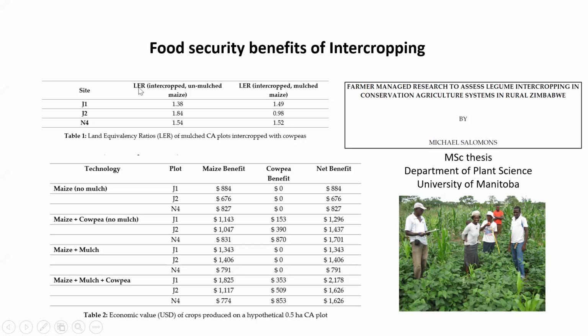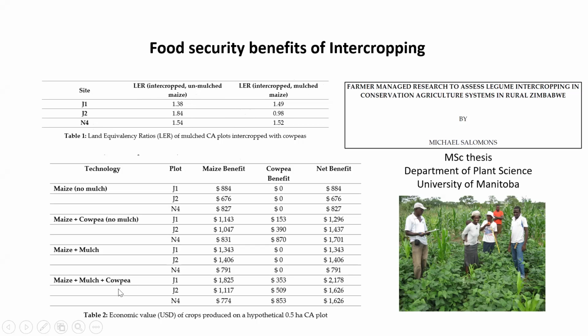The land equivalent ratio in the unmulched intercrop, you can see a much higher total yield when the crops were grown together, the cowpea and the maize. And when mulching was also used, at one of the locations, the yield was really not improved. At the other 2, it was. So the intercrop was kind of doing what we expected it should do.